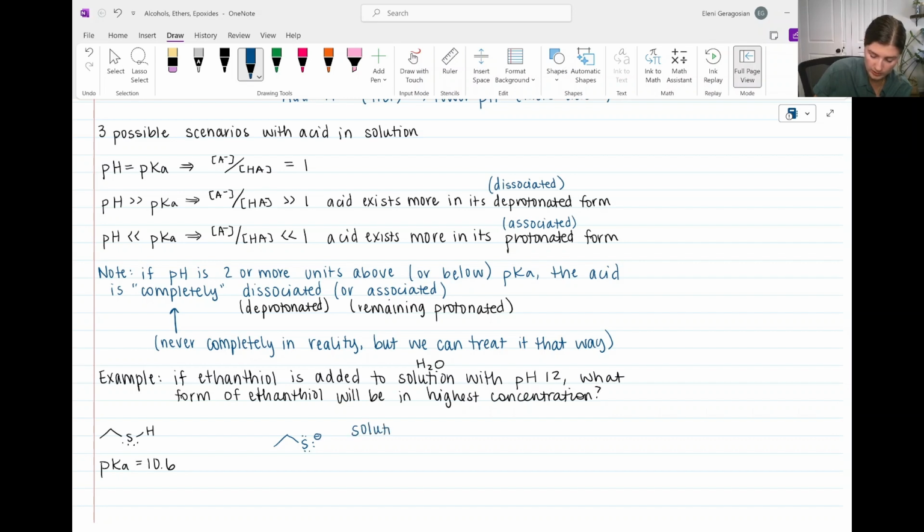So the solution is basic relative to the ethane thiol pKa. So the SH part of that molecule, the ethane thiol, will act as an acid.